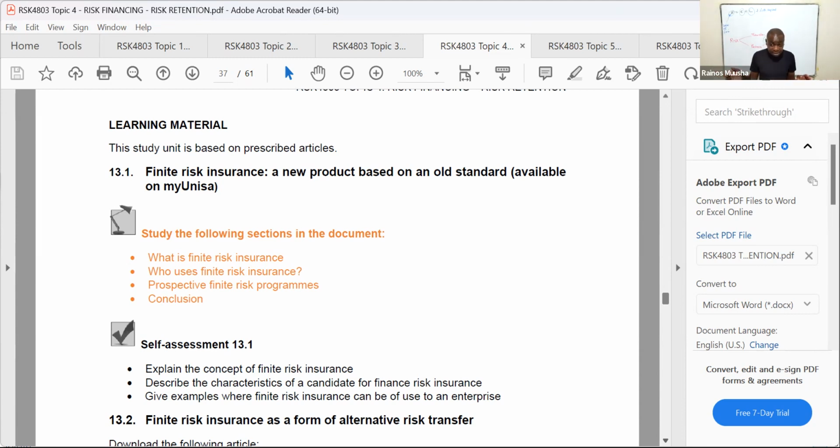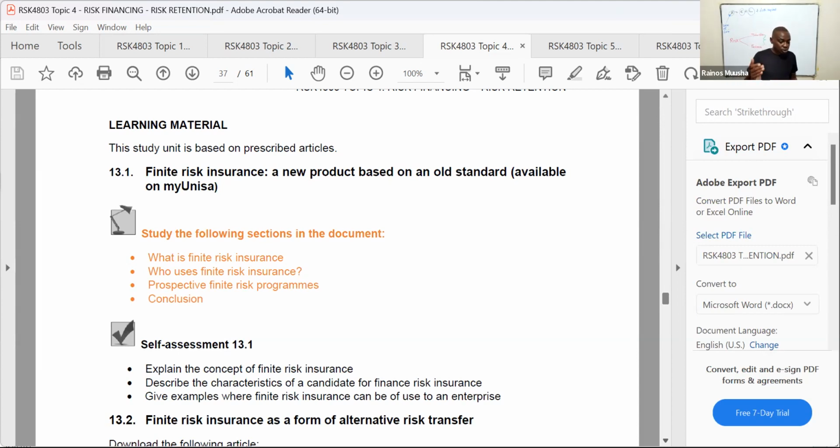So you are retaining the risk, but at the same time, the insurer is also covering you. But the way the insurer covers you is a customized arrangement where you say, for example, I know that if I suffer a loss today because of a catastrophe, I might not have enough money available to cover for this loss.